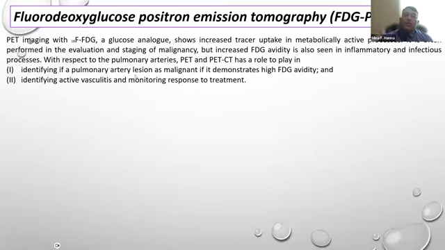With respect to the pulmonary arteries, PET and PET-CT have a role in identifying pulmonary artery lesions. For example, you saw a lesion on the CTPE that doesn't look like thrombus, it is enhancing and occupying the pulmonary artery, and you think about sarcoma. Okay, let's do PET FDG. If it is metabolically active, it is proven sarcoma rather than pulmonary embolism. The treatment will be completely different.